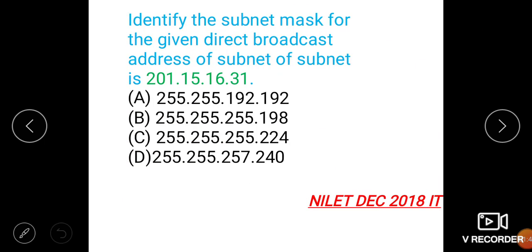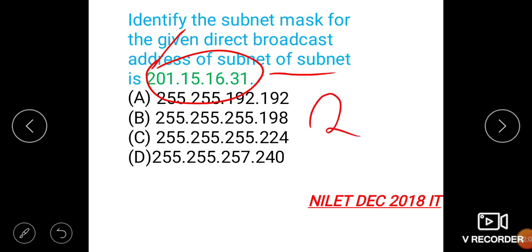Okay, now the next question is: identify the subnet mask of the given broadcast address of a subnet. Looking at the given address, 201 is in class C, so it is a class C IP address.